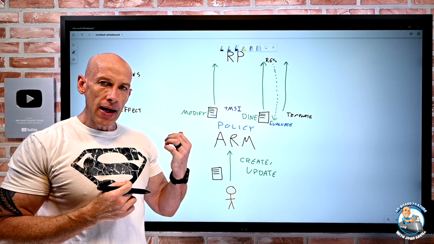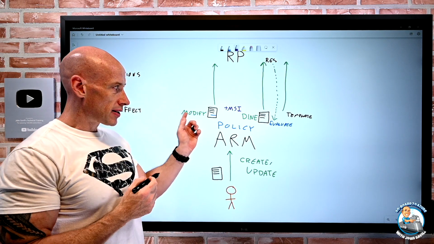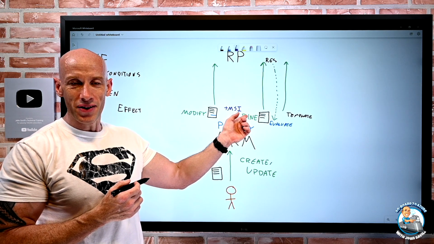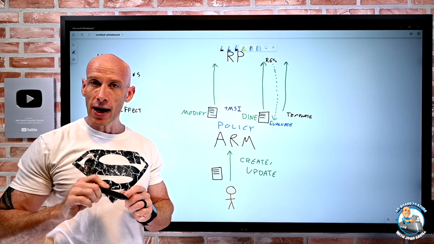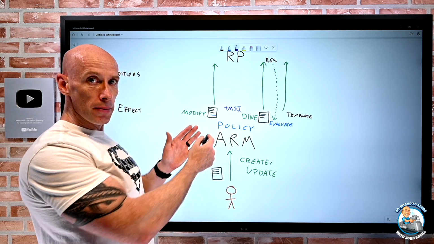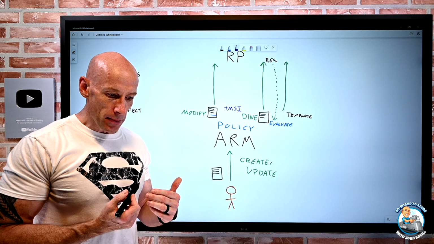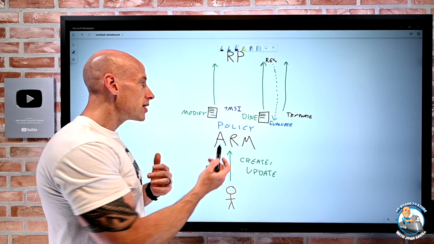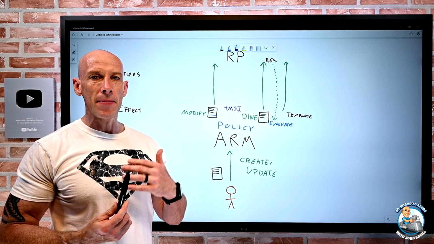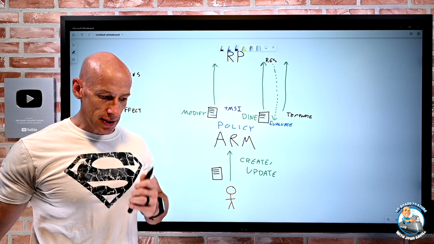When we assign via the portal a policy with modify or deploy if not exists, it will look at those role IDs we specified as required and automatically grant them to that managed service identity. If we don't use the portal, then we need to make sure we grant the necessary permissions to do whatever job it's needed for.